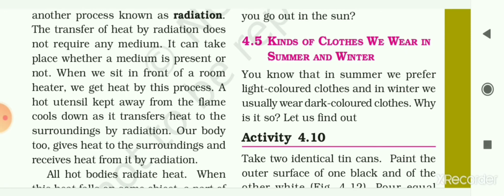The clinical thermometer can measure the temperature from 35 degrees Celsius to 42 degrees Celsius. And in the Fahrenheit scale, which is another scale, it can measure the temperature from 94 degrees Fahrenheit to 108 degrees Fahrenheit.